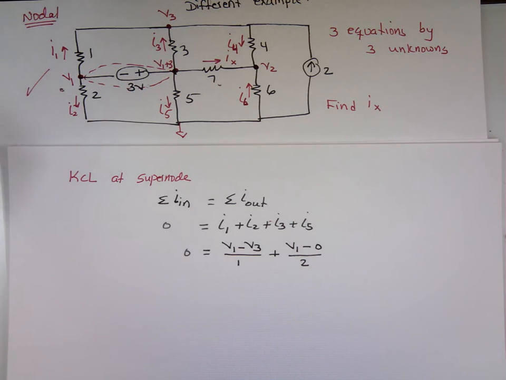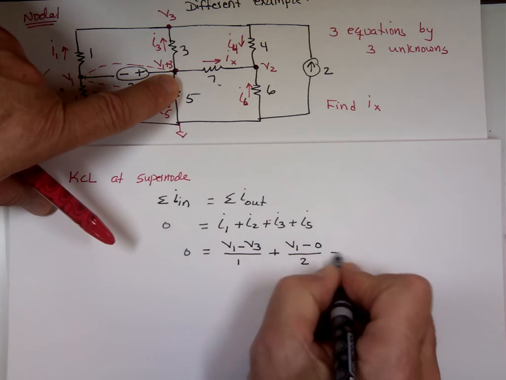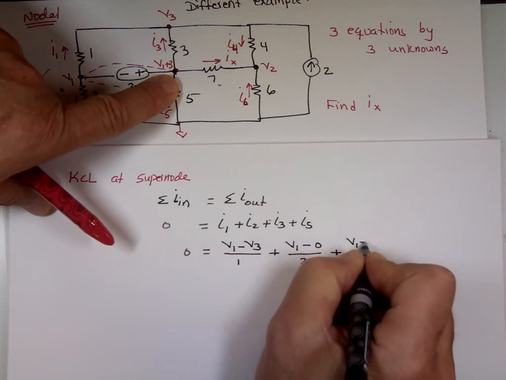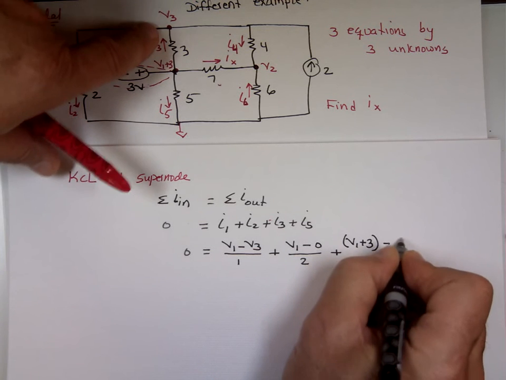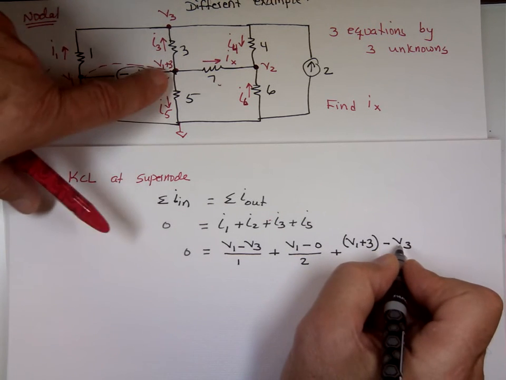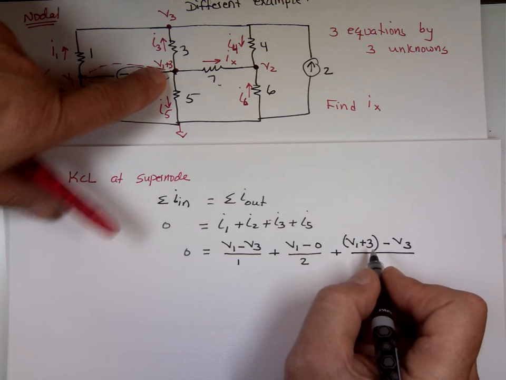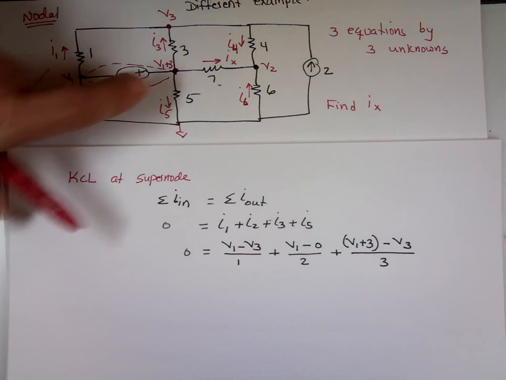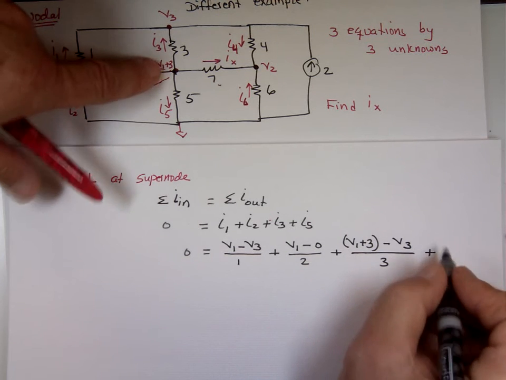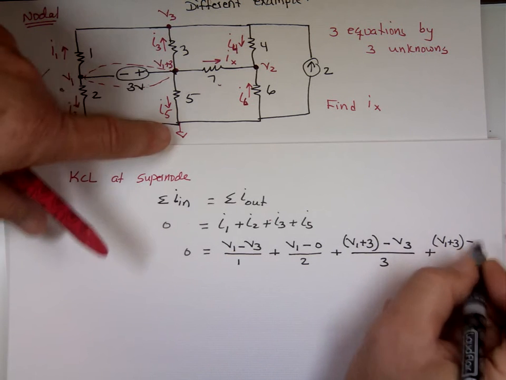I defined I sub 3 going up, so it's this voltage, which is V1 plus 3, minus V3, divided by 3. And I sub 5, it's V1 plus 3 minus 0 divided by 5.